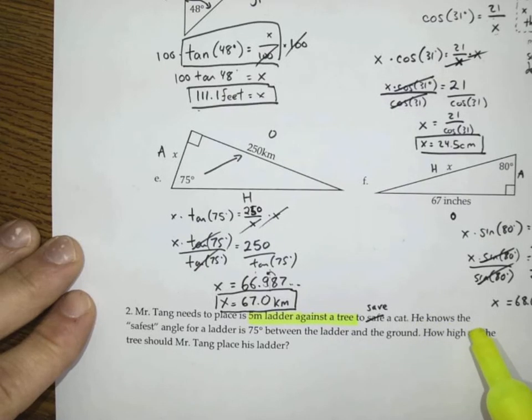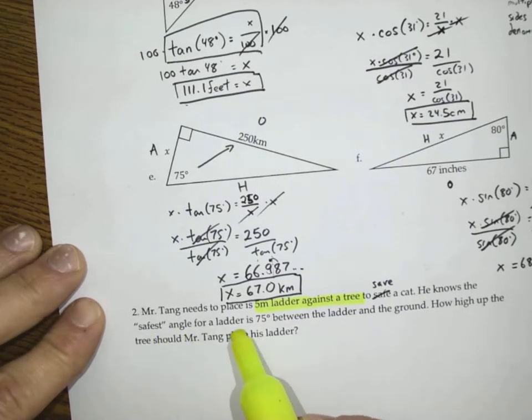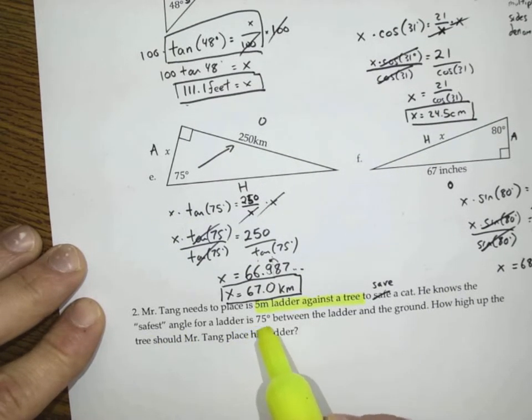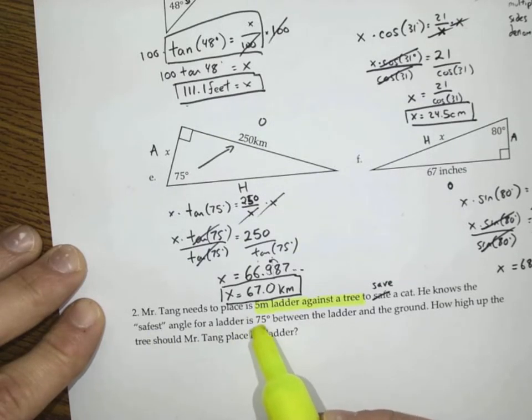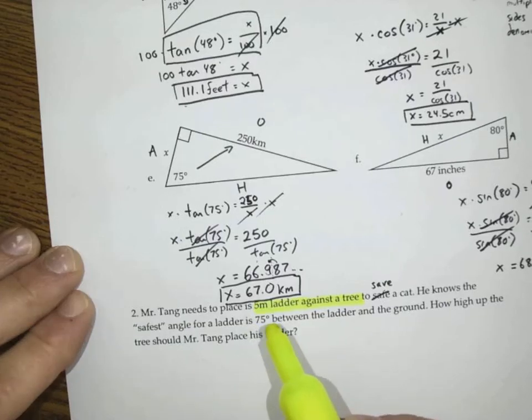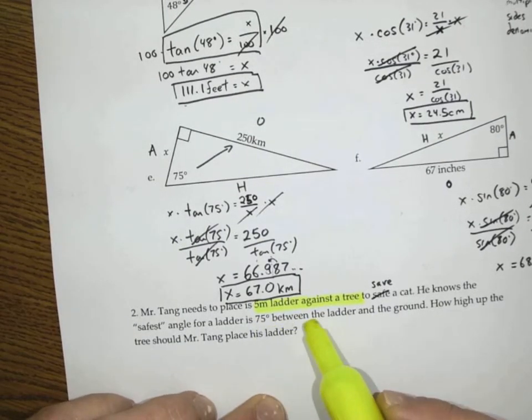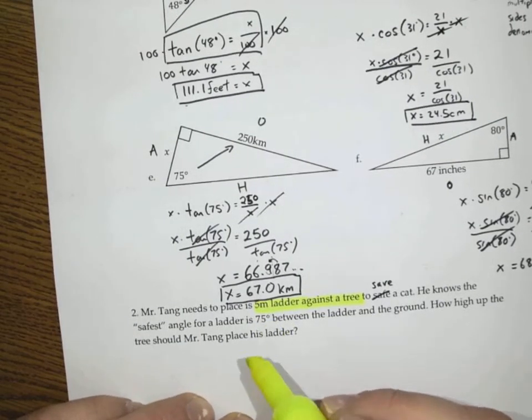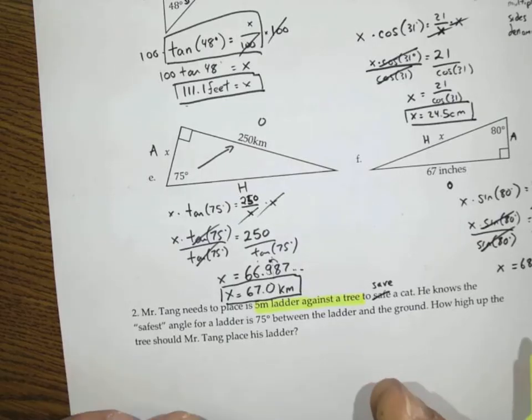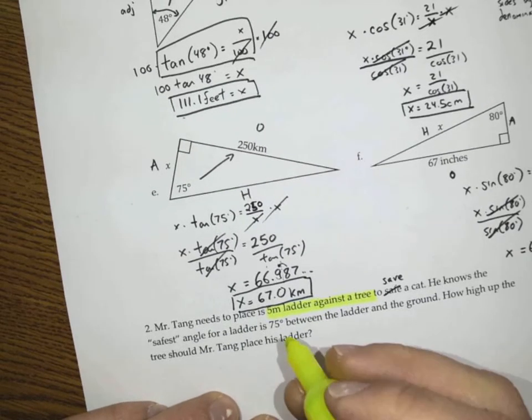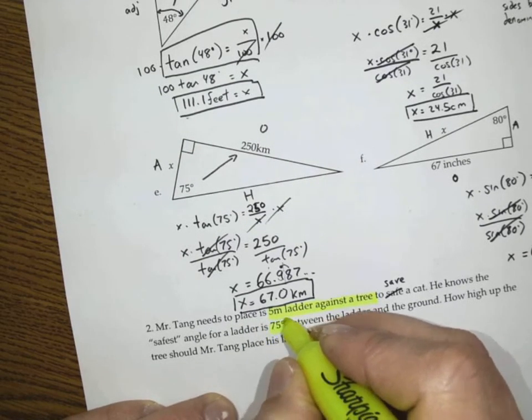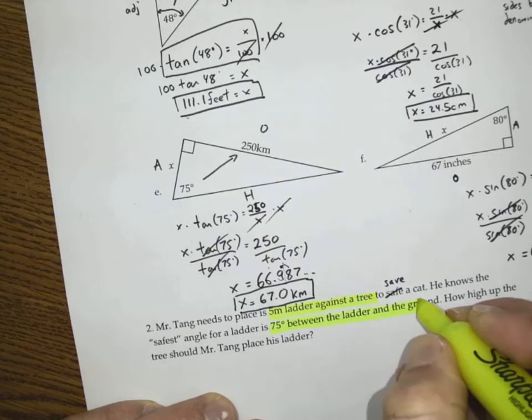He knows that the safest angle for a ladder is 75 degrees between the ladder and the ground. So I guess that means when a ladder has been placed so that the angle between the ladder and the ground is 75, that's the safest angle, which makes the ladder the most stable. I'm going to highlight that, 75 degrees between the ladder and the ground.